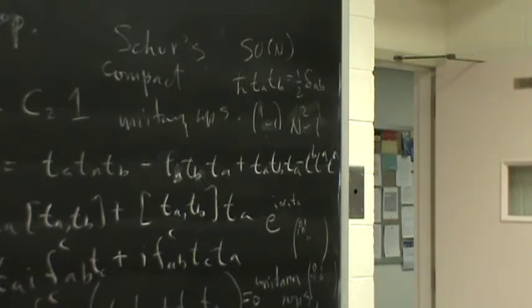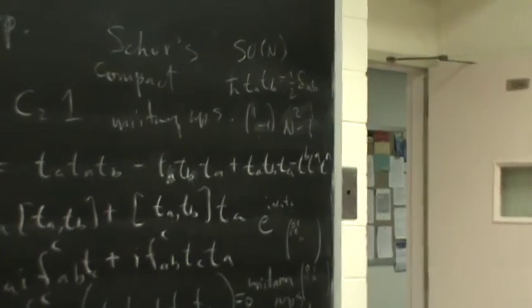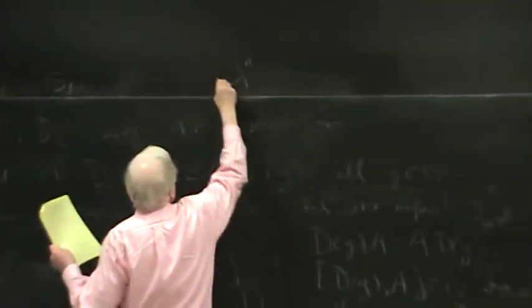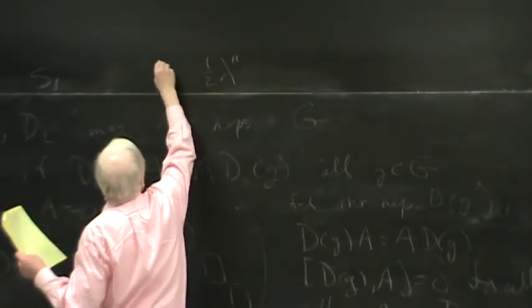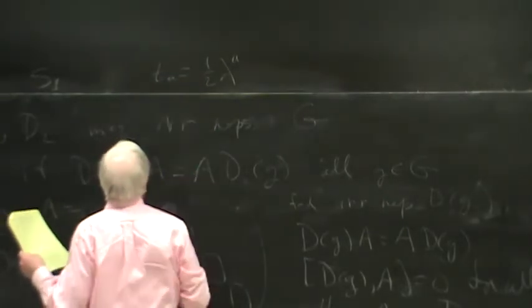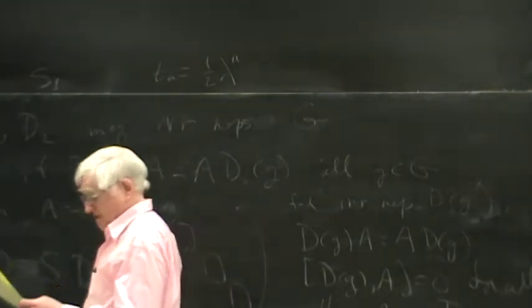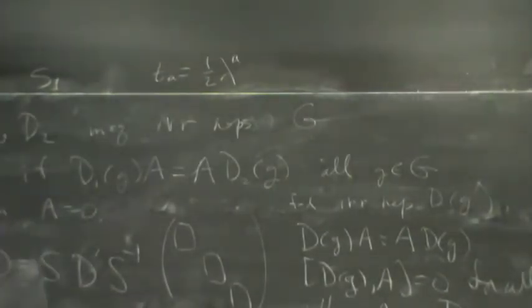For SU(3), Gell-Mann introduced some matrices called lambda^A, and then we stuck in a 1/2 and called them T^A, which is 1/2 lambda^A.